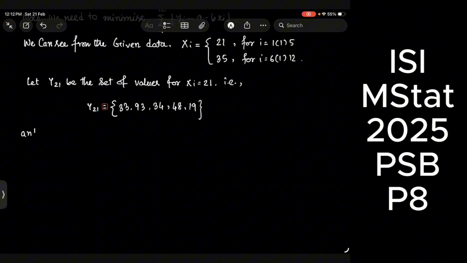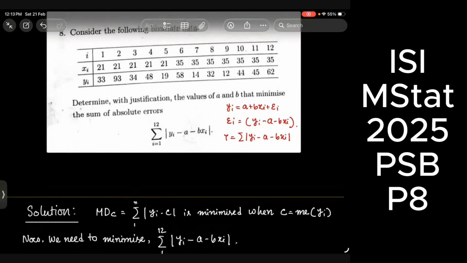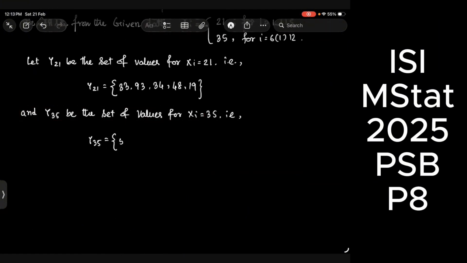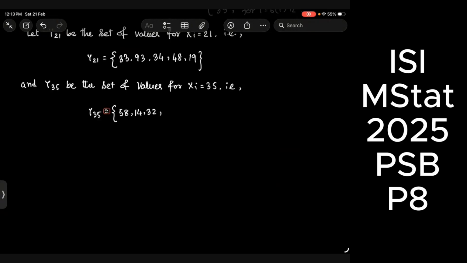And y35 is the set of values for xi equal to 35: 58, 14, 32, 12, 44, 45, 62.